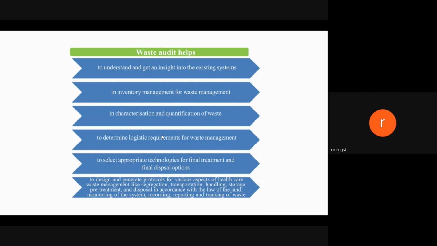Pre-treatment and final disposal as per the law of the land. Monitoring system, recording, reporting, and tracking of waste. So the audit helps to focus on these aspects.